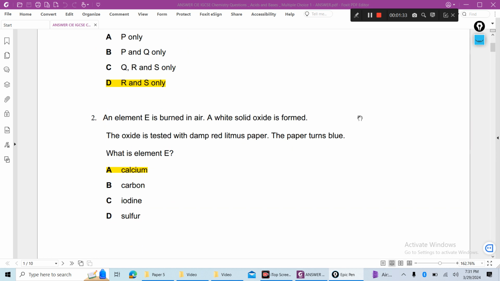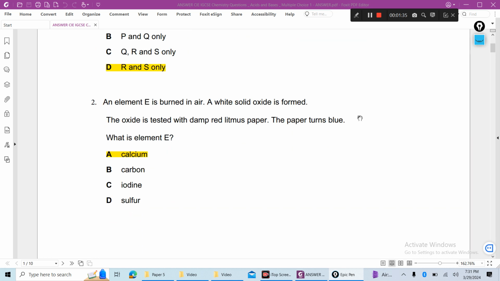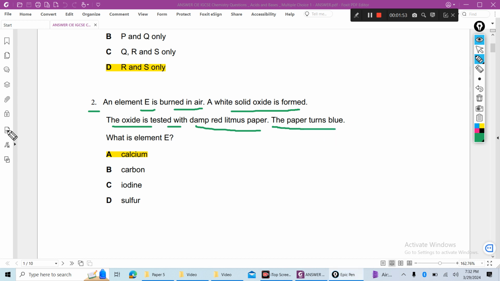Now next one. Number 2. An element E is burned in air, a white solid oxide is formed. The oxide is tested with damp red litmus paper. The paper turns blue. Now, which is the element E?